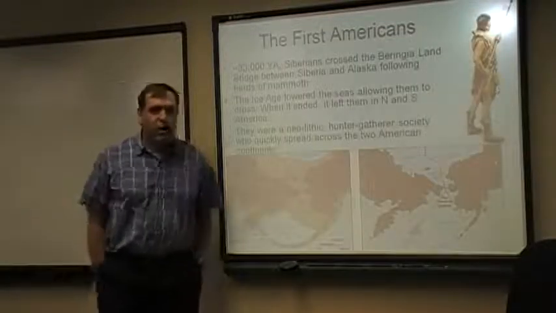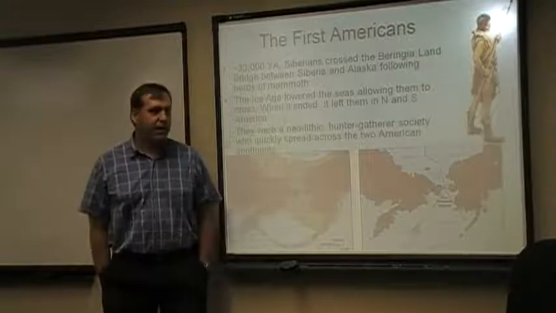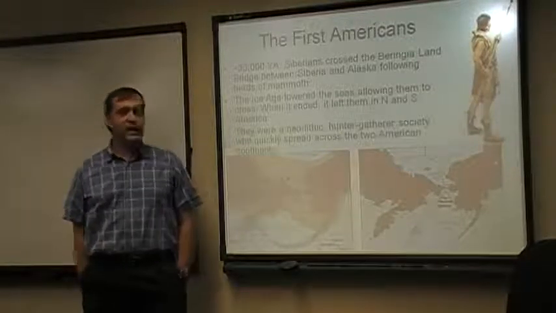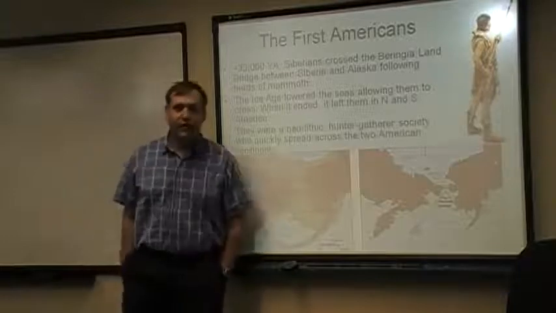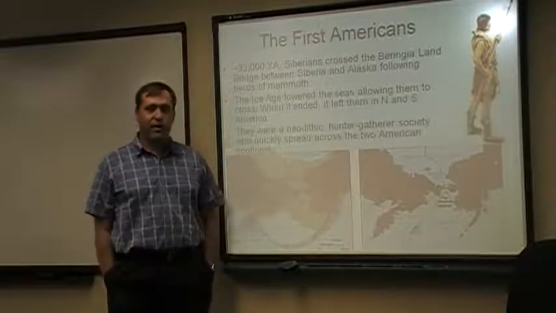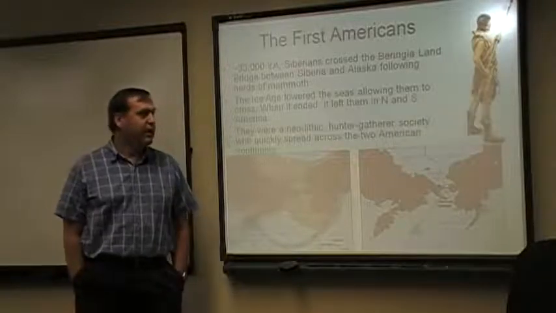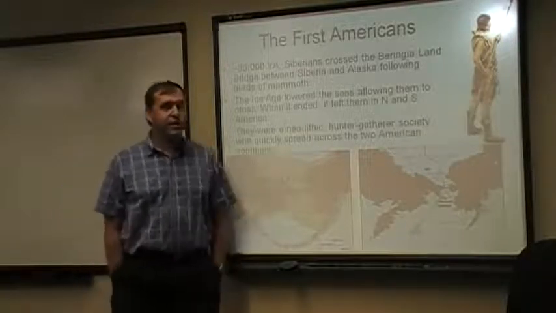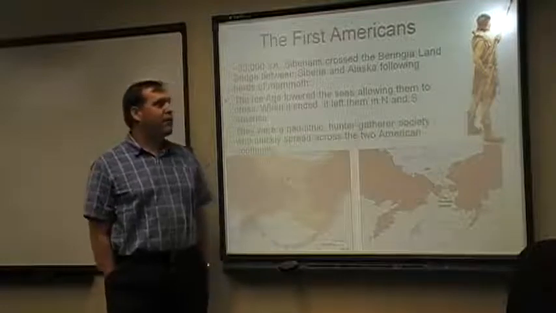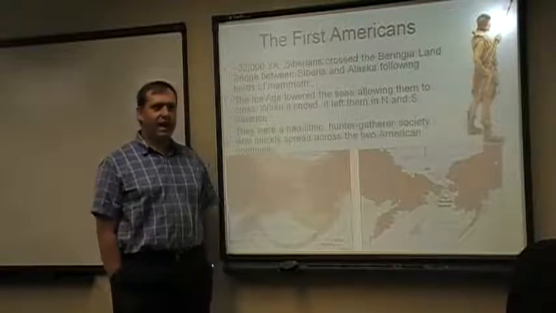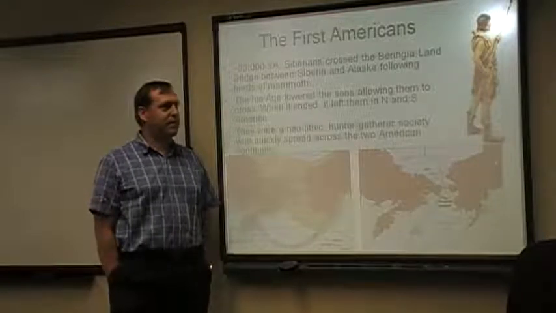One of the things we have to understand about America is that no one is from here. Not even the American Indians, right? We are all descended from immigrants. At one point, North America was completely devoid of any human forms whatsoever until the in-migration of the first Americans, and that would be what we call the American Indians. I typically don't use the term Native Americans because it's an imprecise term.